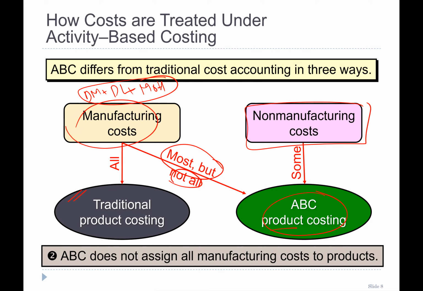Remember, not all the manufacturing cost is a part of ABC product cost. Similarly, not all the non-manufacturing cost is a part of ABC product cost. The majority of ABC product cost comes from manufacturing cost, and some portion comes from non-manufacturing cost. So the second difference is that ABC does not assign all the manufacturing cost to the product like our traditional costing, in which manufacturing cost must belong to the product cost. That's it.